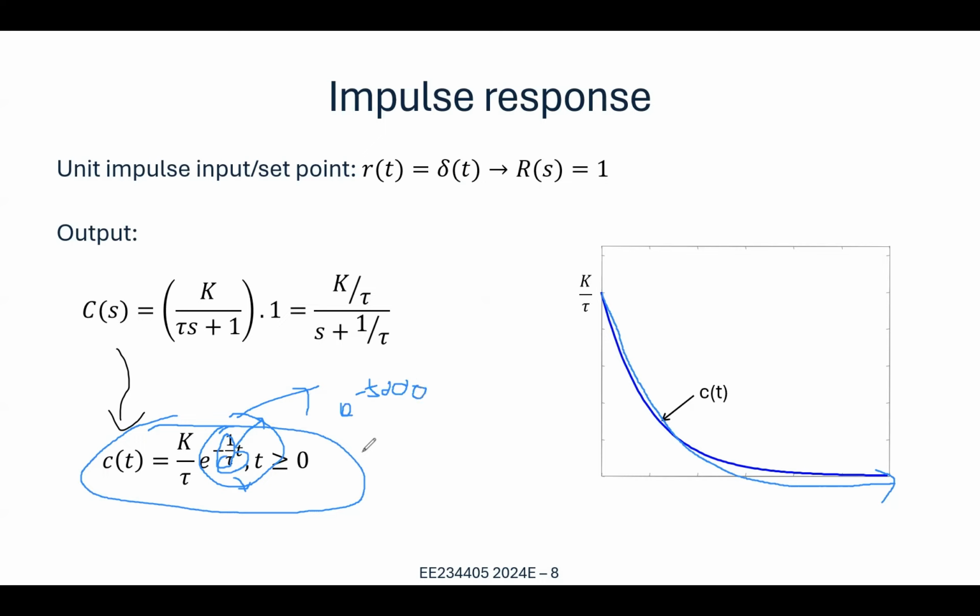It means that this is zero, right? So it goes to zero. If the time increases, this will keep increasing, and in the end, we have e to the minus infinity, which means that the steady state or final value of this is zero. Okay.